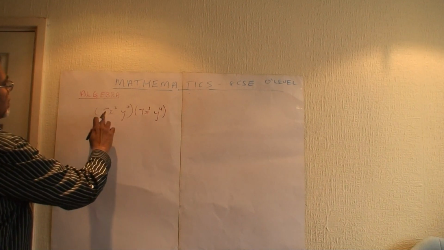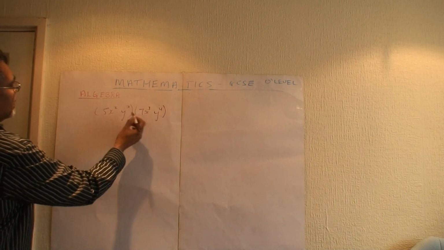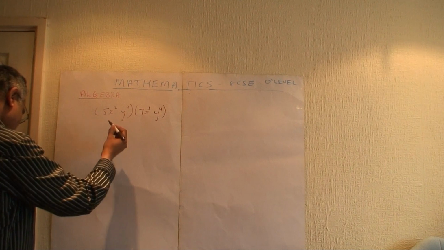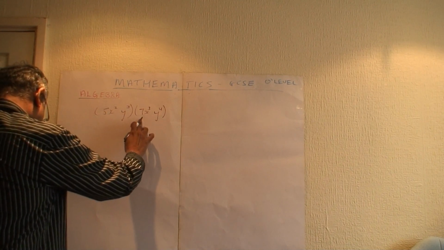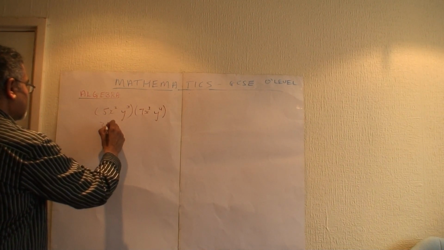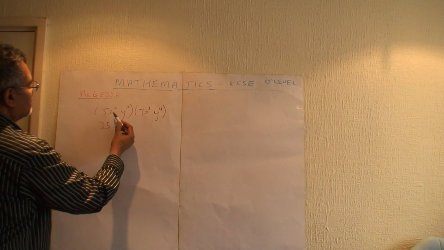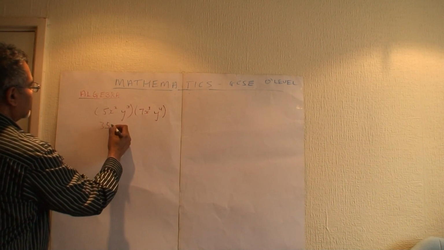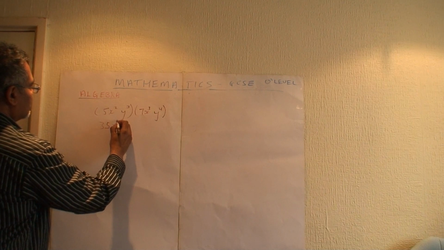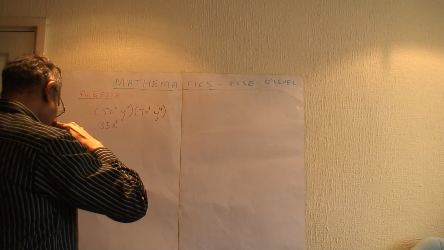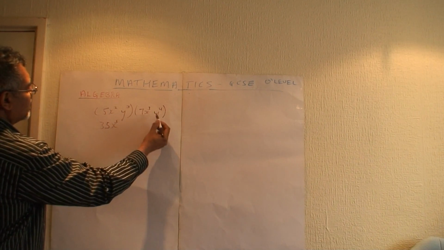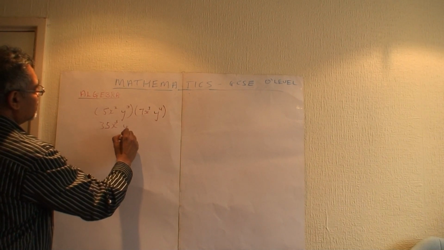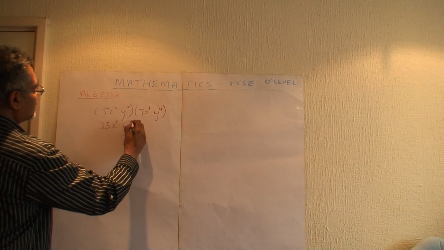Again, we multiply the numbers, 5 and 7, which is 35. When we multiply the powers, we add the powers, so it's x to the 5th. And then the y, when we multiply the y, we add the powers, right? 3 and 4 is 7.